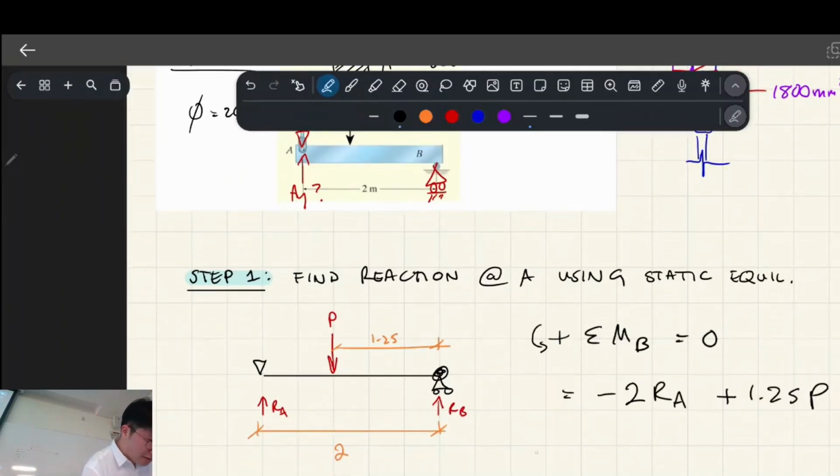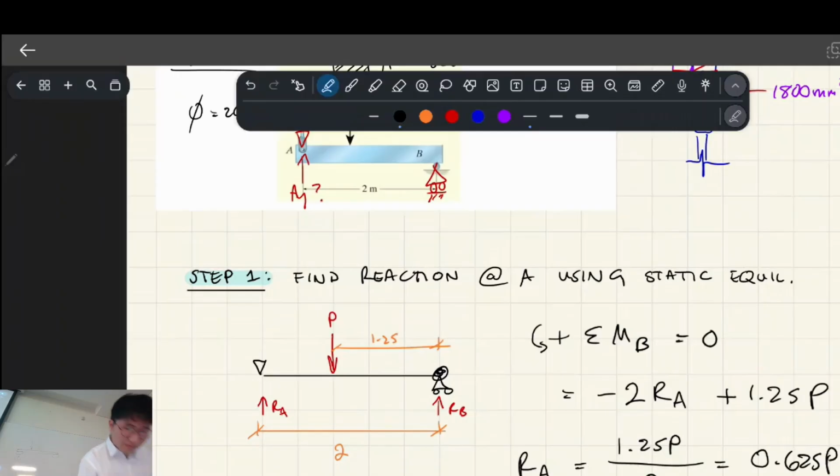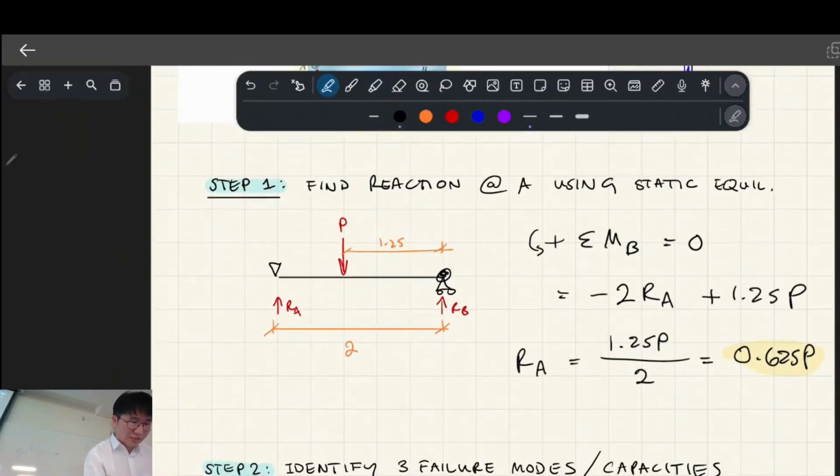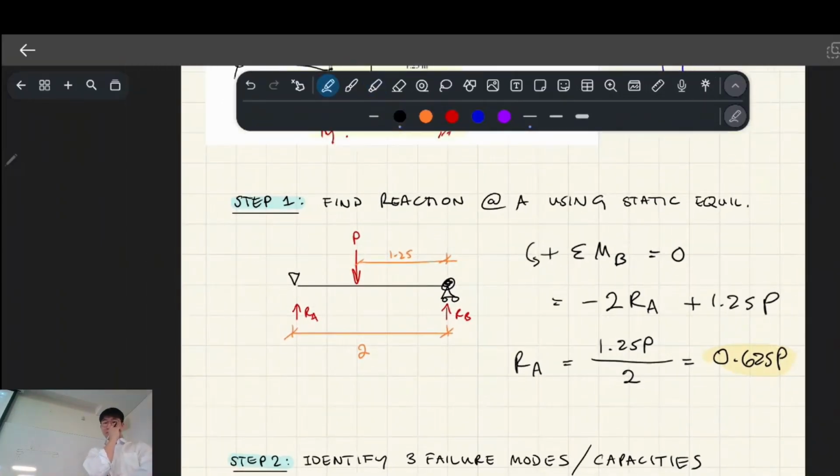So let's solve it in terms of RA. We get this expression, which has an algebraic value in it, but we're just going to carry on with it, and it'll make sense in the next steps how we're going to solve for P.